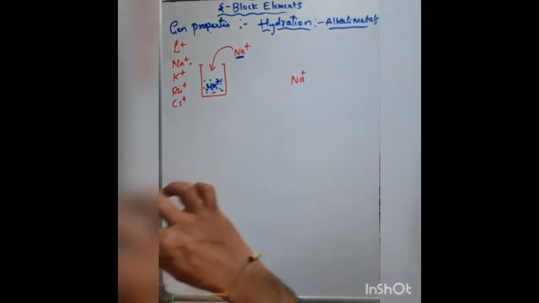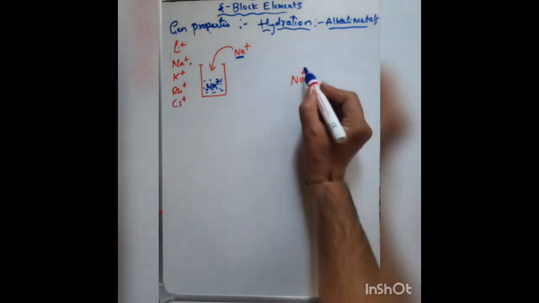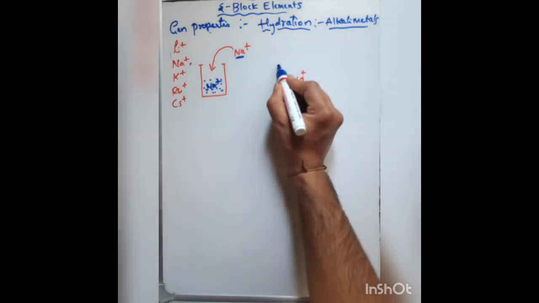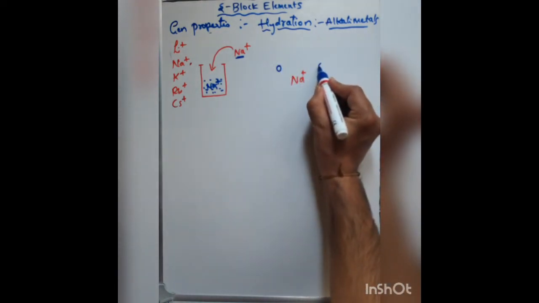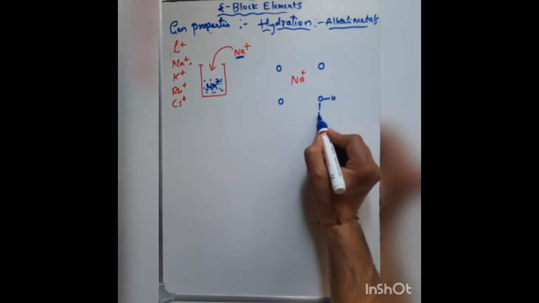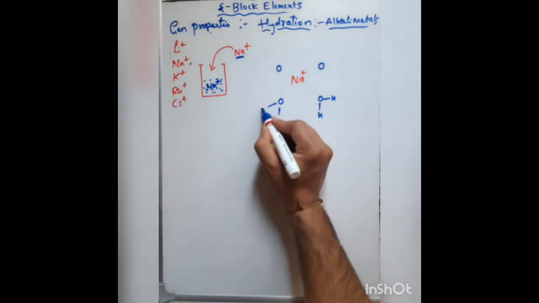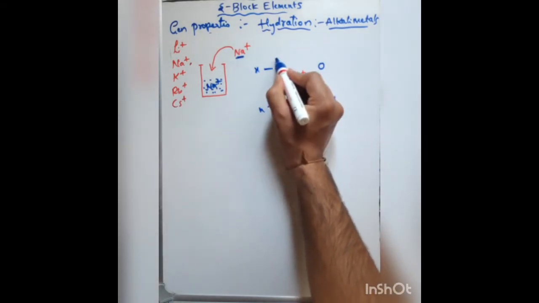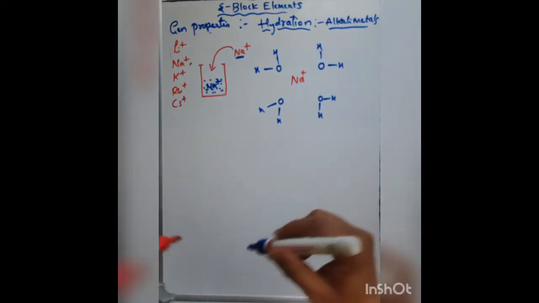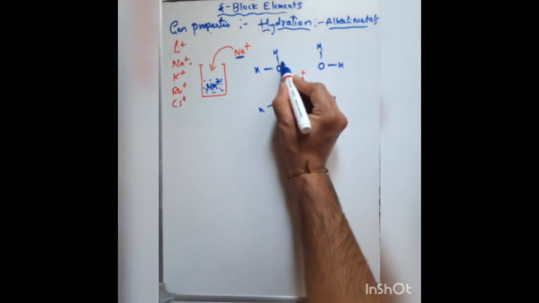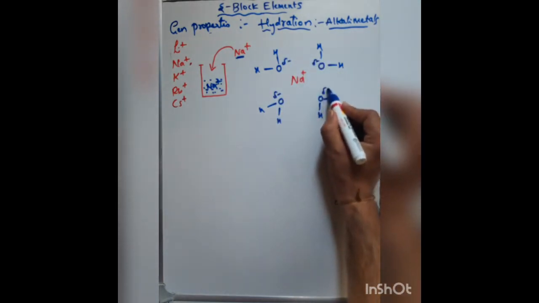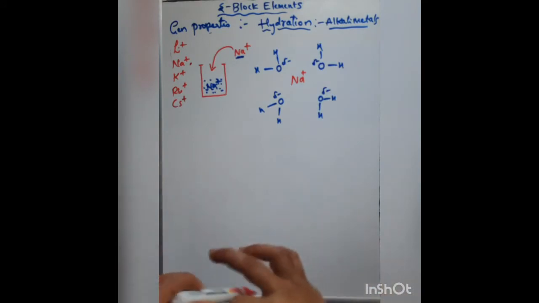Since Na plus is dropped in the beaker of water, water molecules will surround the sodium plus, and oxygen will have a delta negative charge.